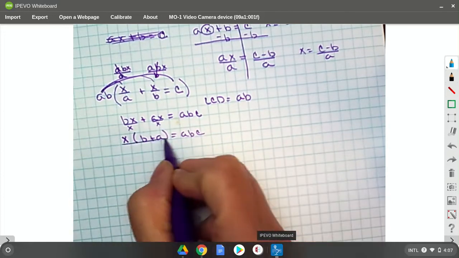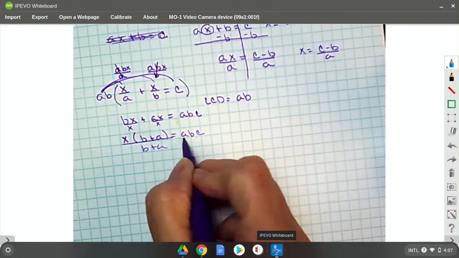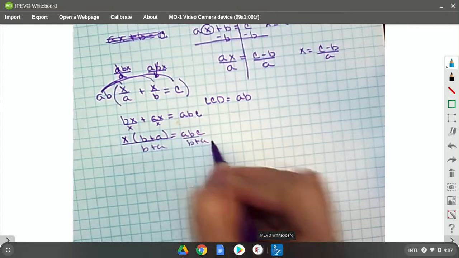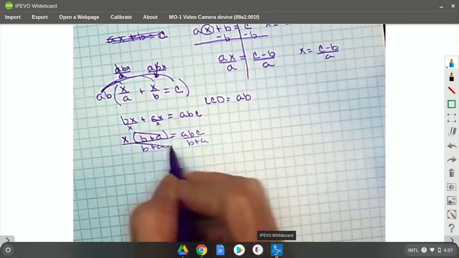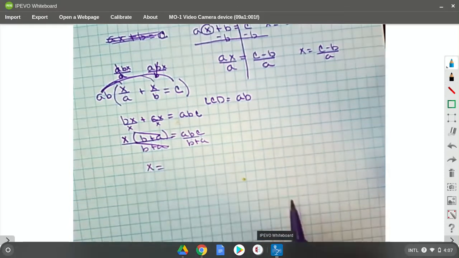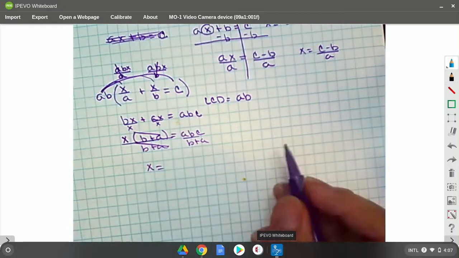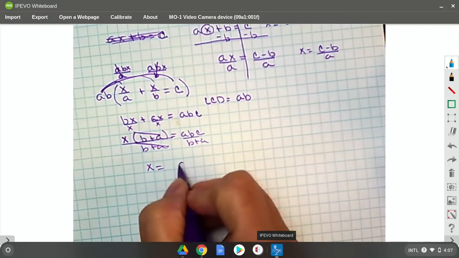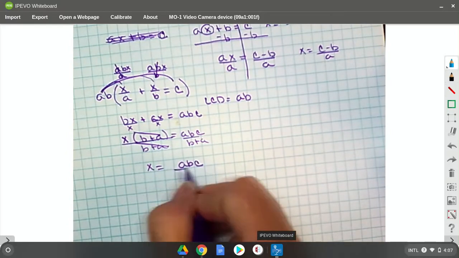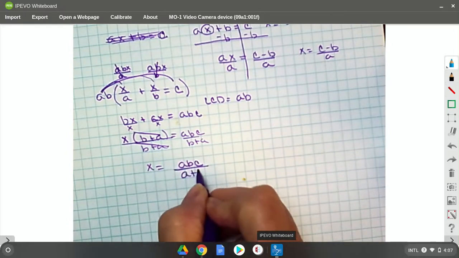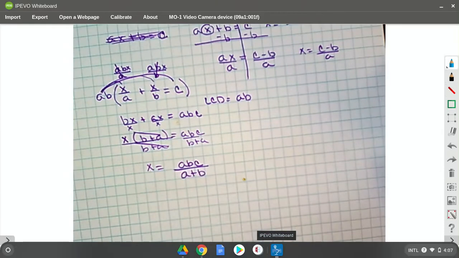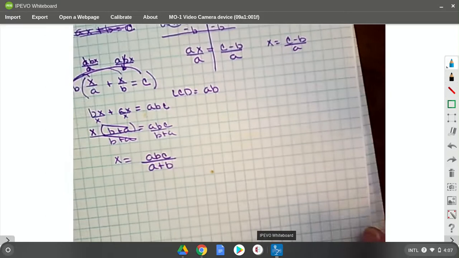So now I'm going to divide, and that's going to cancel an x. I don't have a value, but, and I'm going to turn that around, a, b, c over a plus b, okay? Not one that I can actually give a value for, but I can get a definition for. How about that word, definition?